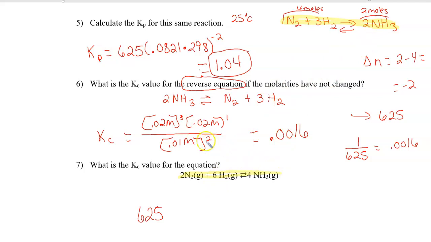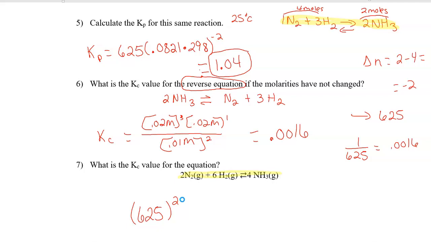So I could actually go back to that original equation, change those coefficients, and calculate it that way, or I could simply say the difference between that reaction and that reaction is a double. I could take this and raise it to whatever I do to its power. So I doubled it, so I would square it. Not just double the number. Hear me? Not just double the number, but actually square it.